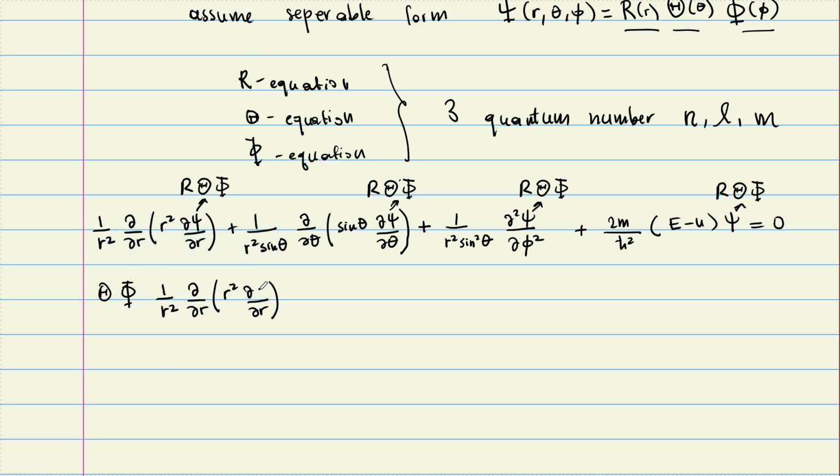And I'm going to change this one to R. Similarly, I have only theta derivative here, so I can put R, Phi, and this thing.